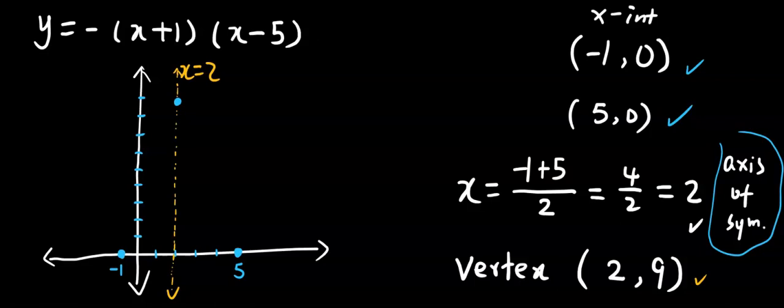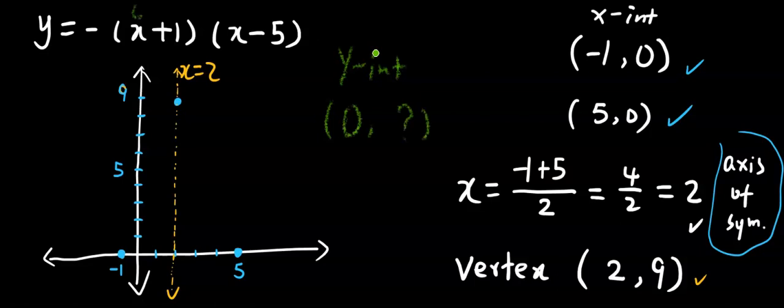Okay, so we got a vertex and we got this axis of symmetry, and we also got two x-intercepts. I'm about to connect all these points to form the beautiful parabola for this quadratic function. But before that, I want to do it even better. I want to confirm where my y-intercept is. Remember, for the y-intercept, x is 0 and what is y?